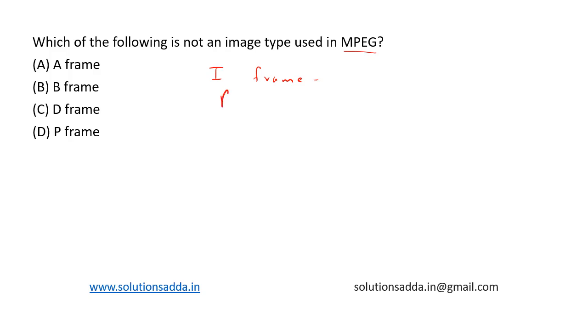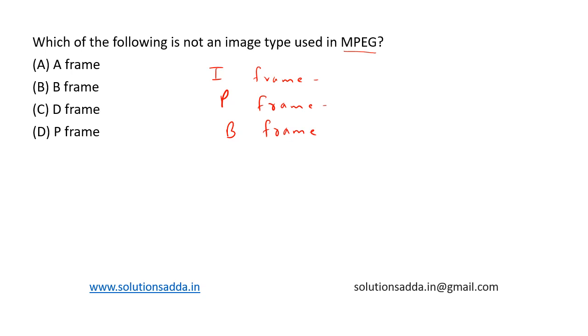The second one is P-frame or predictive coded picture. It contains motion compensated difference information relative to previously decoded picture. Each P picture can have only one reference picture, and that reference picture must precede the P picture in the order of display. The next one is B frame or B picture.